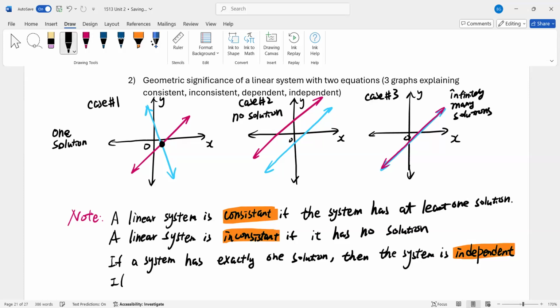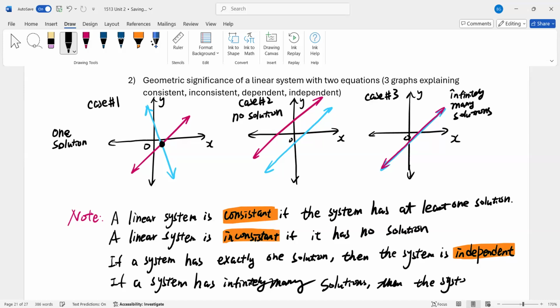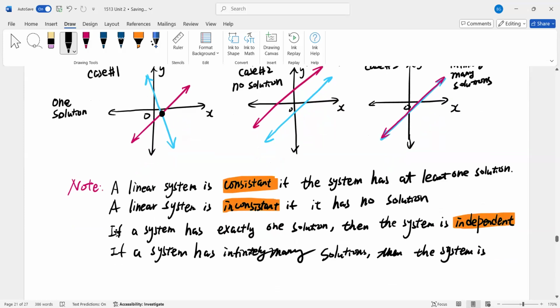If a system has infinitely many solutions, then the system is dependent. I'm going to start a new line: is dependent. That's the definition. It's just four definitions.